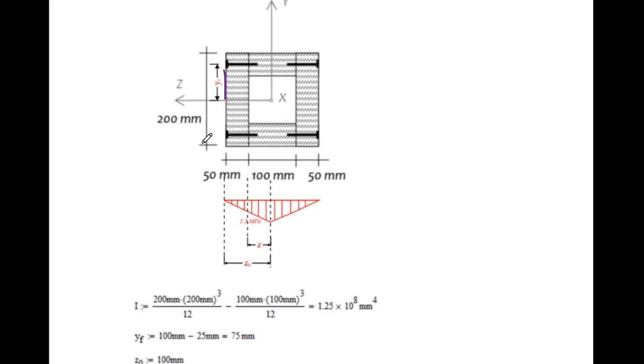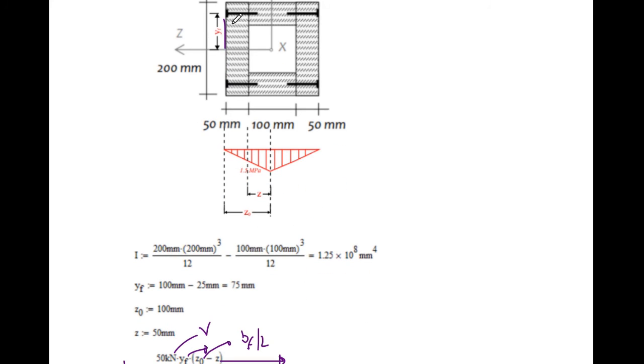I is the moment of inertia. We are given V. YF is the distance of the neutral axis of the beam. So this distance is 100, and the width of the beam is 50, so this distance is 25.